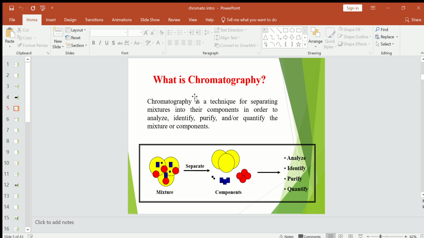Chromatography is a technique for separating mixtures into their components in order to analyze, identify, purify, and quantify the mixture or components. And when I talk about quantification, the chromatographic technique itself or in combination with other techniques can be used for the quantification of the components which are desired to be separated from the sample.